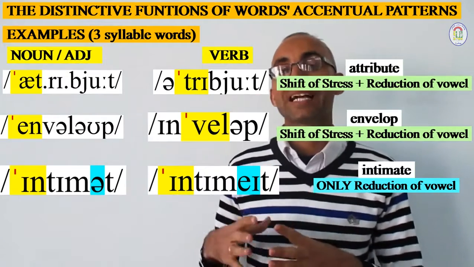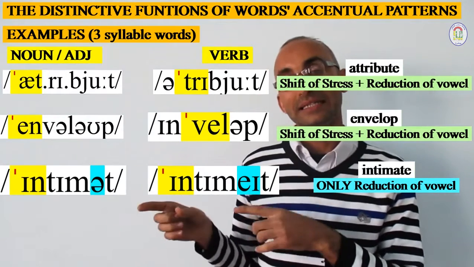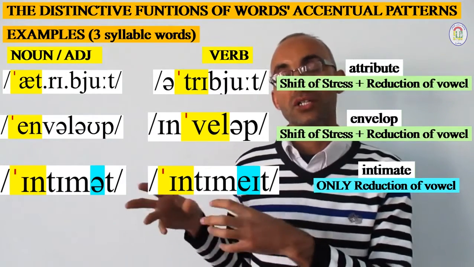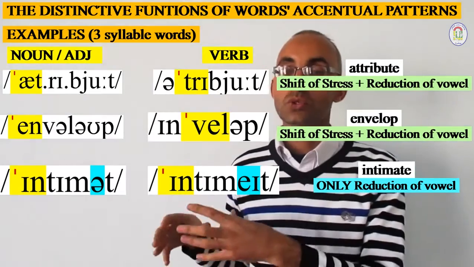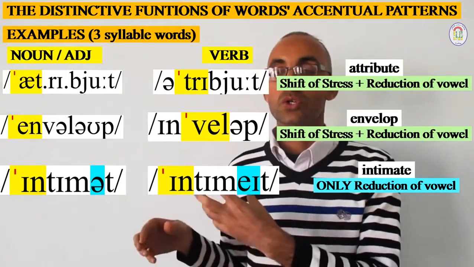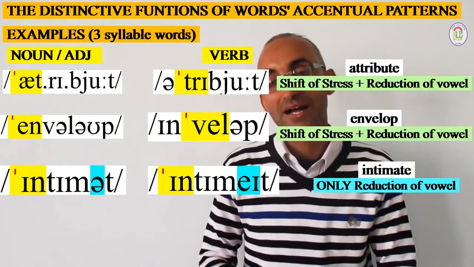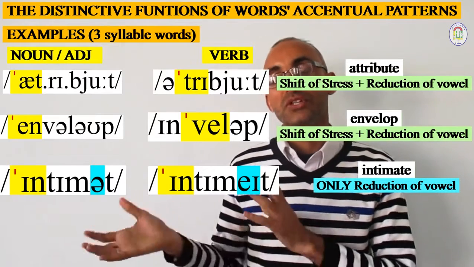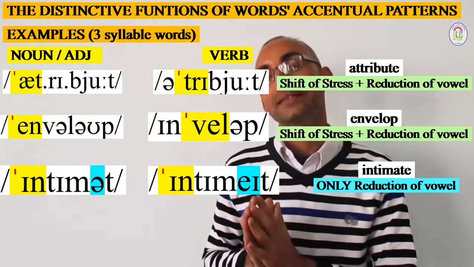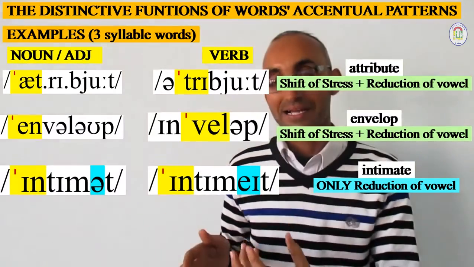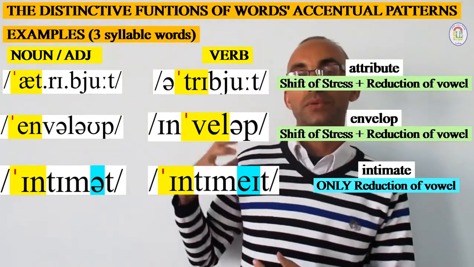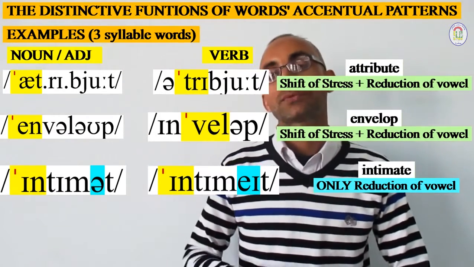So here only the change in one of the vowel sounds of the word, to the shorter vowel shva, helps me distinguish between these two words and between their grammatical functions. One is an adjective with shva, and the other is a verb with diphthong a.